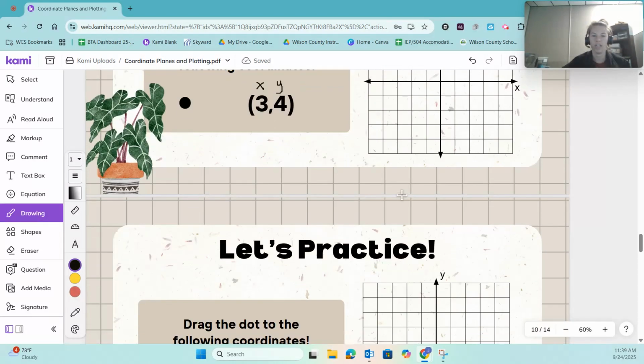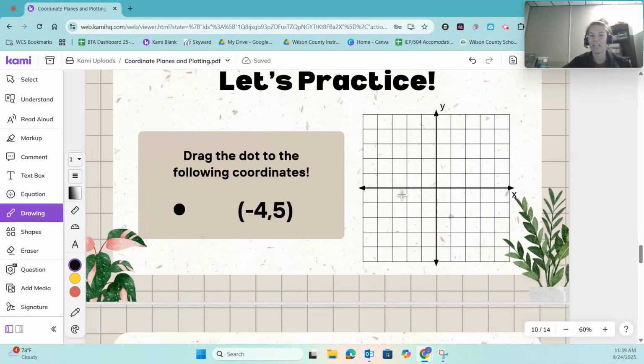I'm going to try another one. This one has a negative number. We still start at (0, 0). If you want to pause this video and try it on your own, you definitely can. We go -4 because my x is -4, so I'm going 1, 2, 3, 4 in the negative direction. Then I'm going 5 in the positive direction: 1, 2, 3, 4, 5.